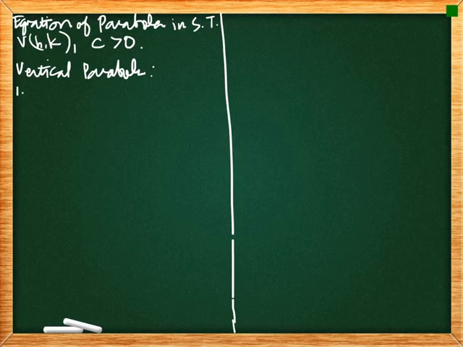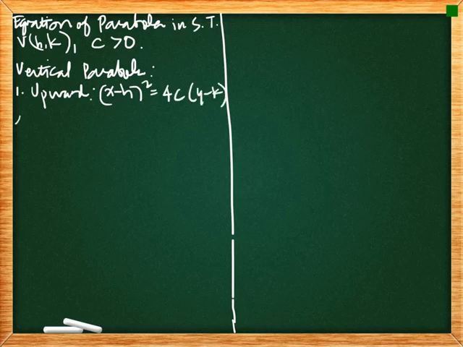So number 1, if it opens upward, the standard form of the equation would be (x minus h) quantity squared equal to 4c times (y minus k). If it opens downward, the equation would be (x minus h) quantity squared equal to negative 4c times (y minus k).